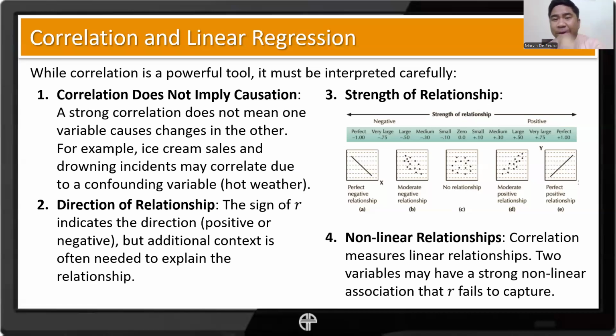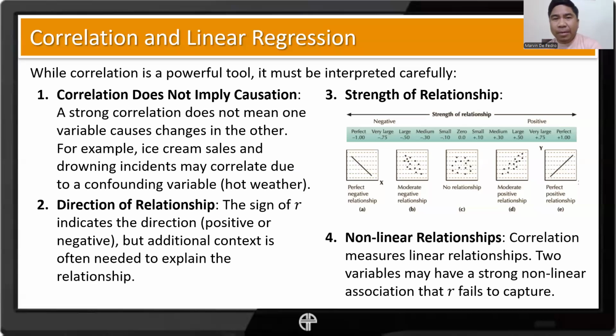It is simply because during hot weather, many people would likely eat ice cream, and at the same time, many people would also like to go swimming. So the more people swim, the more chances there will be drowning incidents. So we have the term confounding variable. It's something in common between the two.